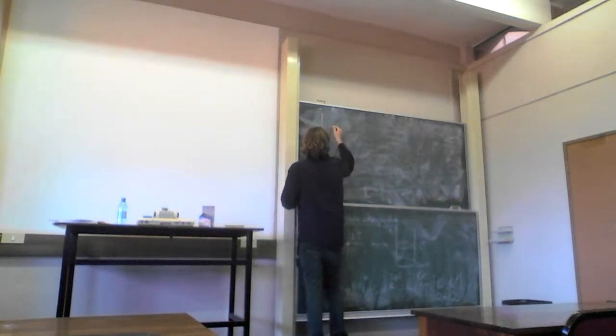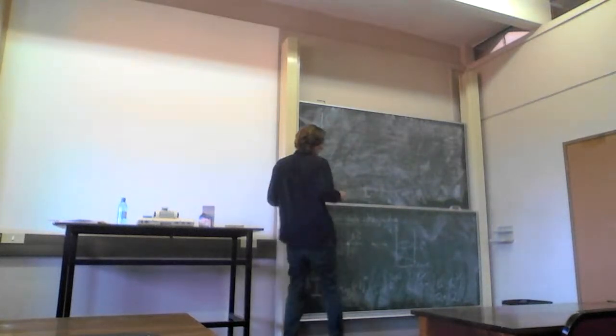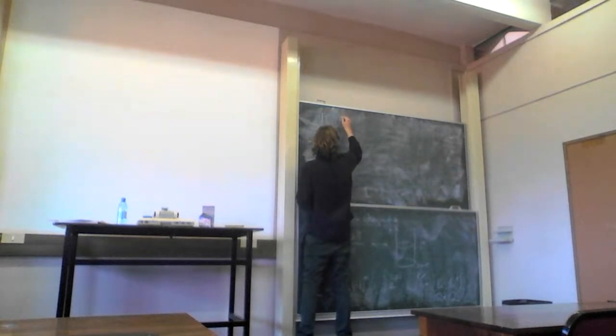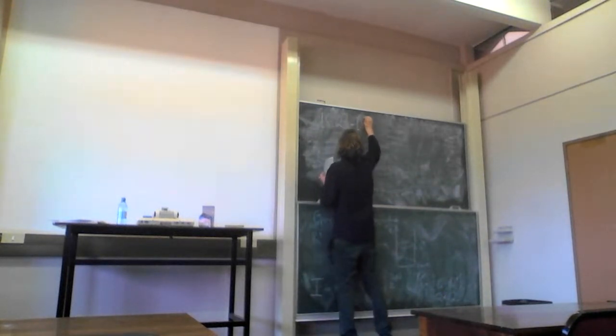First of all, this delta, like a Hamiltonian, commutes with Q and Q dagger.